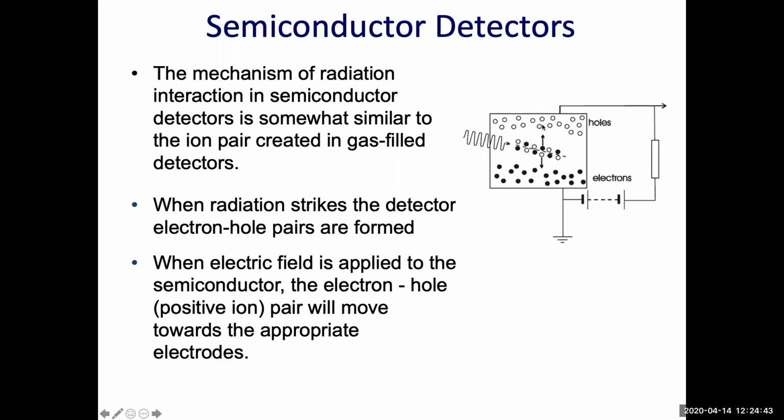So incident radiation produces ions. Here, in a semiconductor, they are called electron and hole. The hole is the positive ion. Here there's the electron, and here is the positive ion, called a hole in a semiconductor detector. The same principle: radiation produces ions, and these ions are collected by electrodes. Okay.